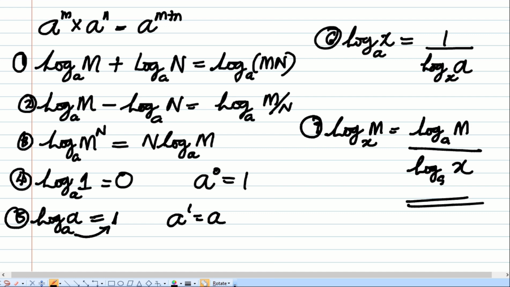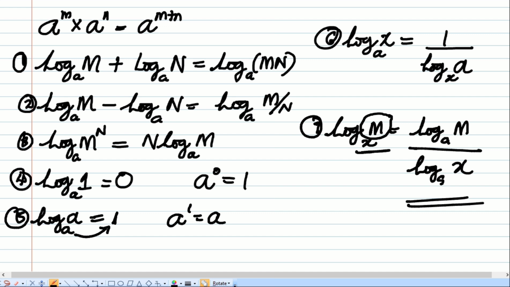We have logarithm to the base x of m equal to, now I want to change this base from x with any other base. You can introduce a new base, but remember the new base you're introducing must be the same in the numerator and the denominator of the other side. So it becomes a logarithm to the base a of m, so this will go first, divided by logarithm to the base a of x, the original base. So that's what we call the change of base law.